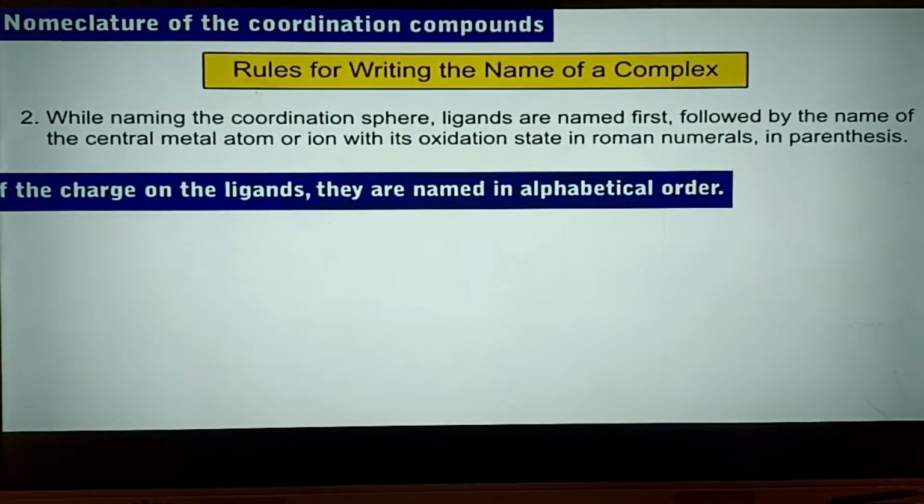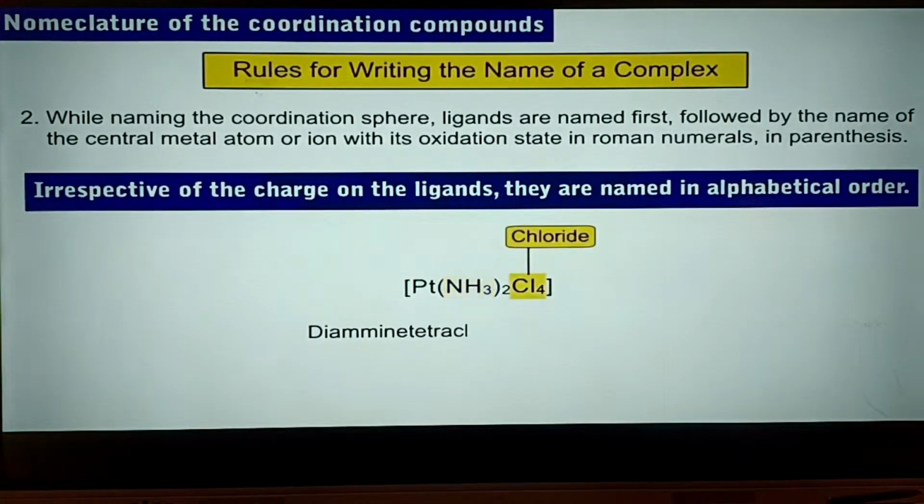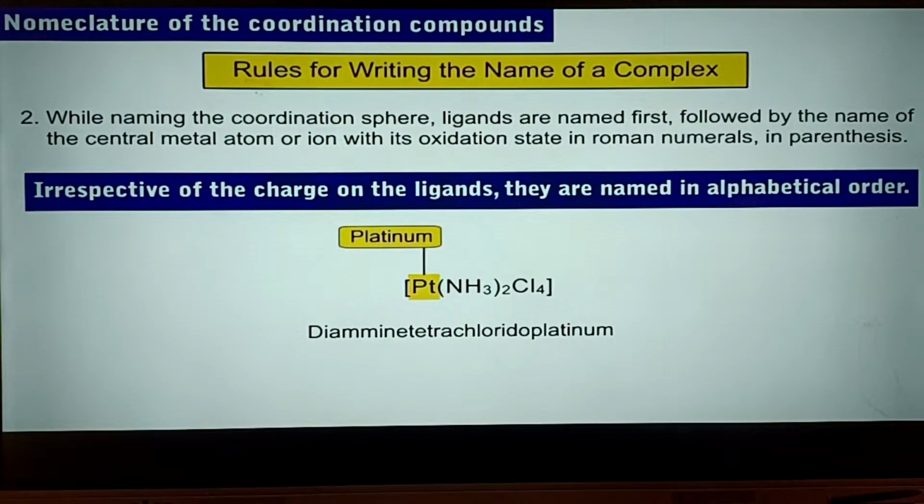Remember that irrespective of the charge on the ligands, they are named in alphabetical order. For example, in the complex [Pt(NH3)2Cl4], the ammonia ligands are named before the chloride ligands according to the alphabetical order, followed by the name of the metal ion with its oxidation number enclosed in brackets.